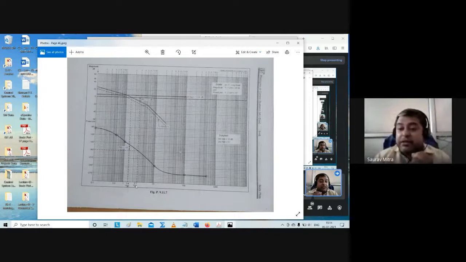So what is the system bandwidth for stability? The answer is 1.4 radian per second up to 2.7 radian per second. In between, both gain margin and phase margin will be positive.